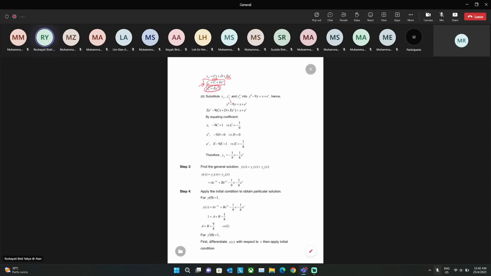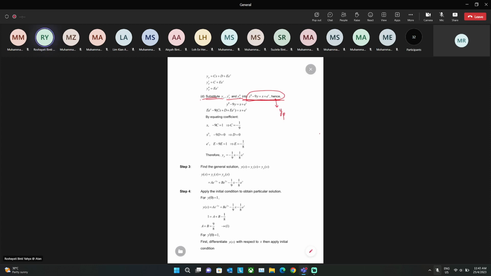Okay. Then next is substitute YP, YP prime and YP double prime into the original equation. Refer to the given equation, and whatever Y is there, you need to use YP.